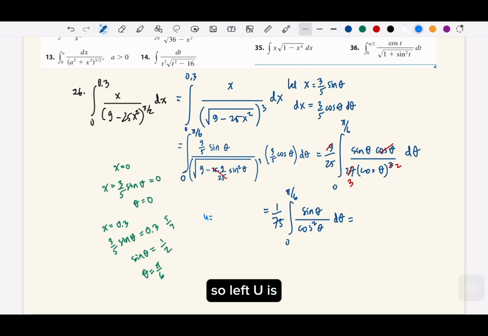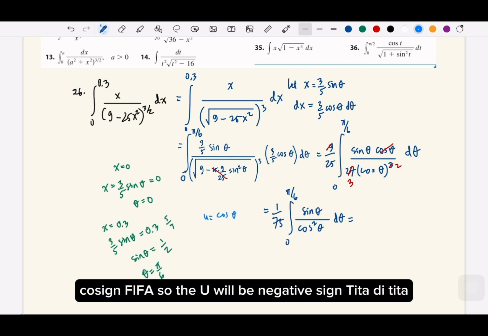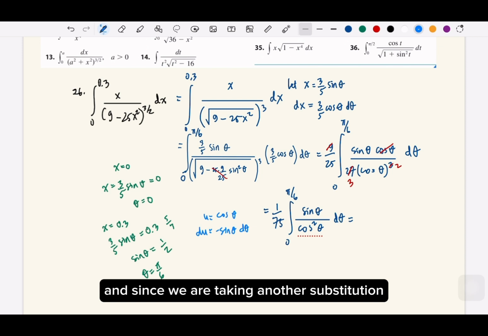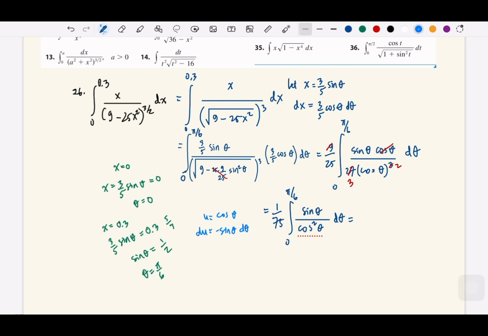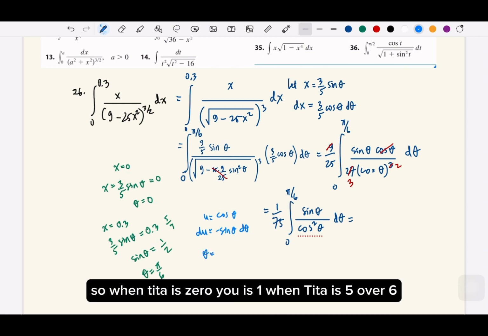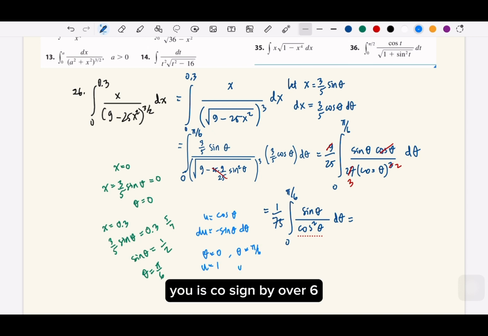So let u be cosine theta. So du will be negative sine theta d theta. And since we are taking another substitution, we change again these endpoints. So when theta is 0, u is 1. When theta is pi over 6, u is cosine pi over 6.